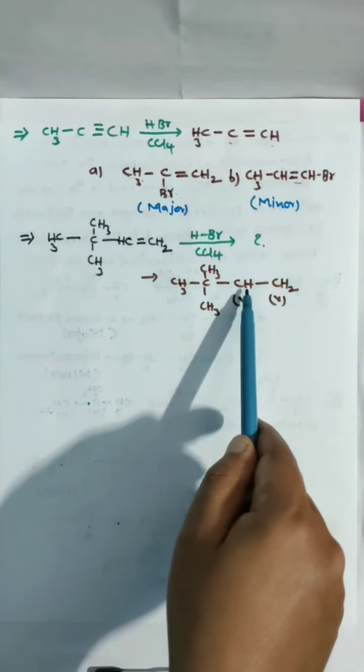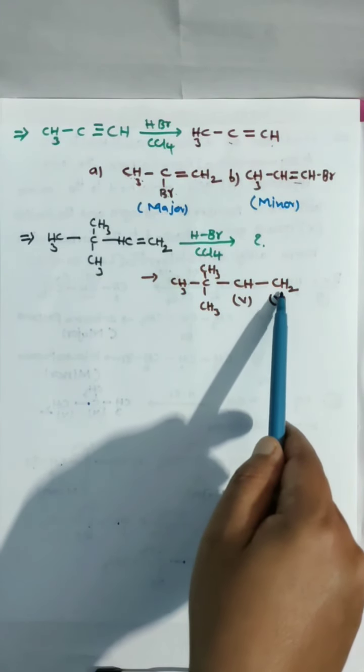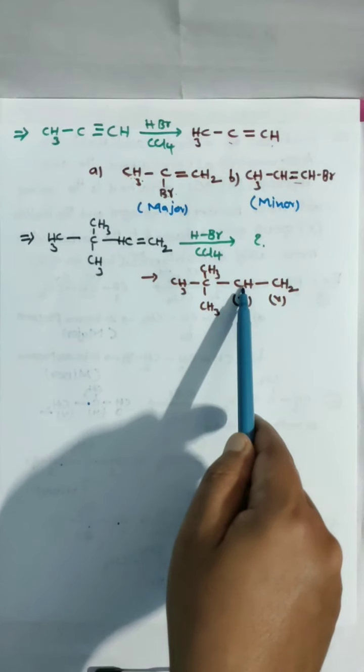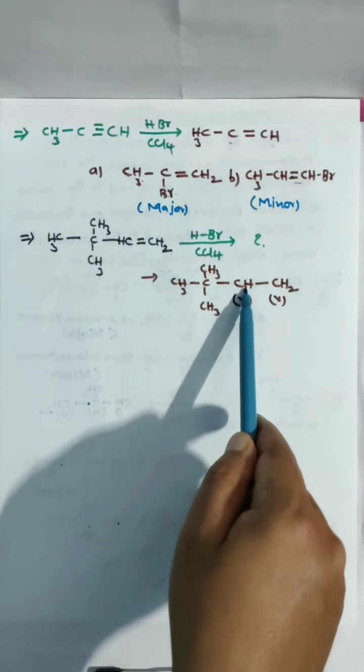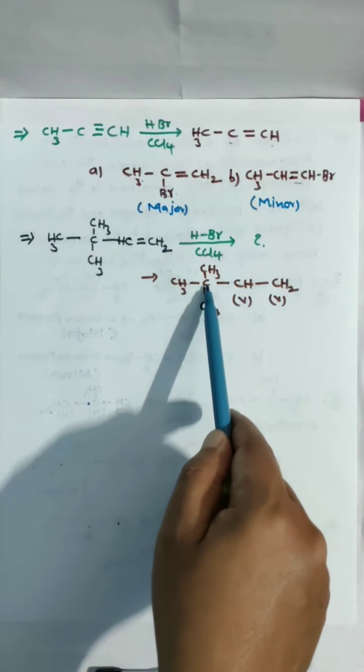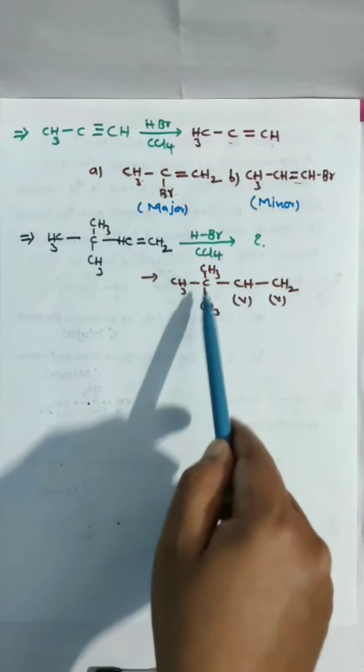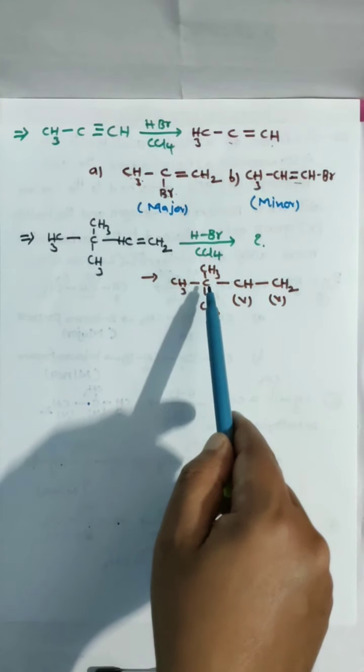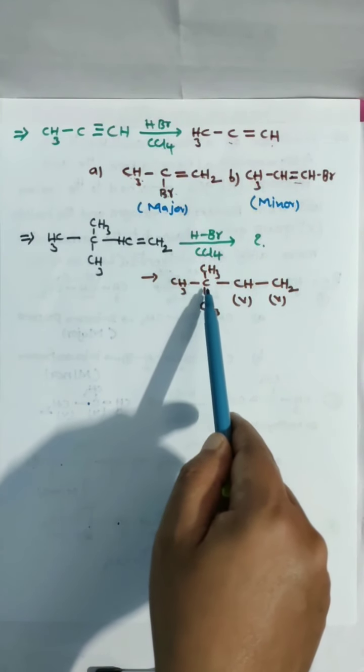We have here 1 degree carbocation. This is 1 degree carbocation. And this is 2 degree carbocation.